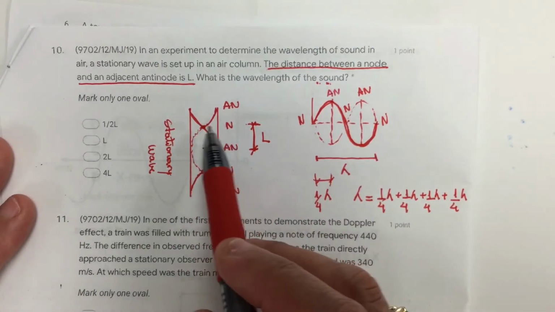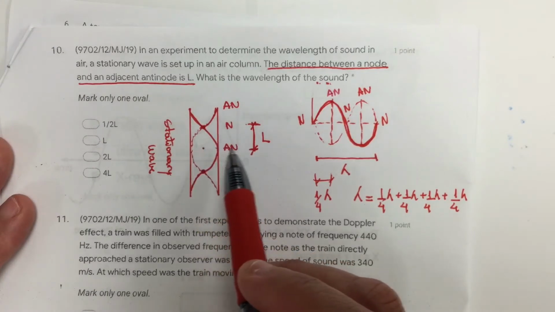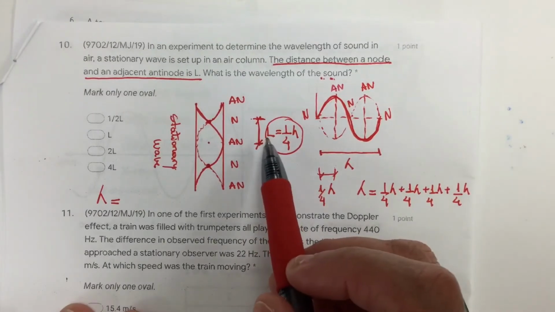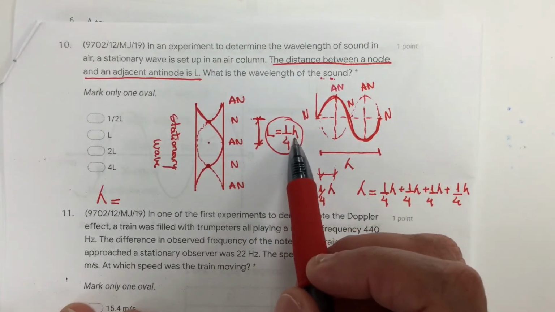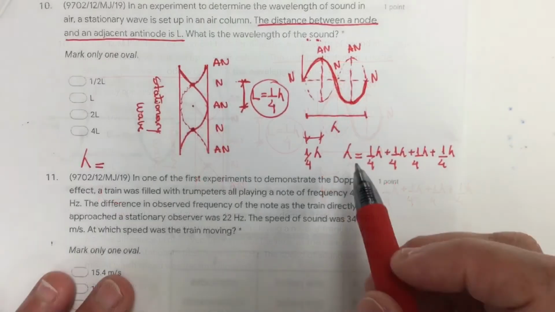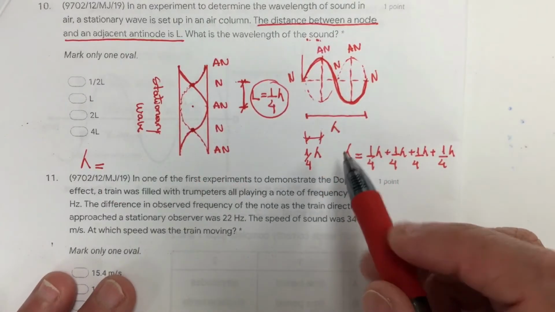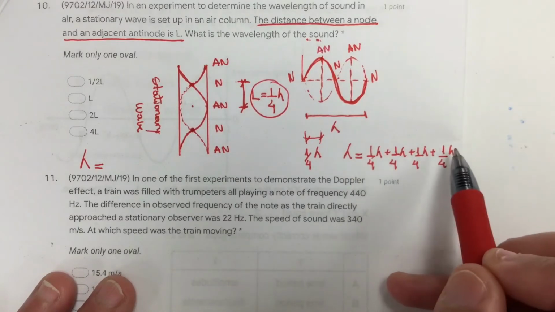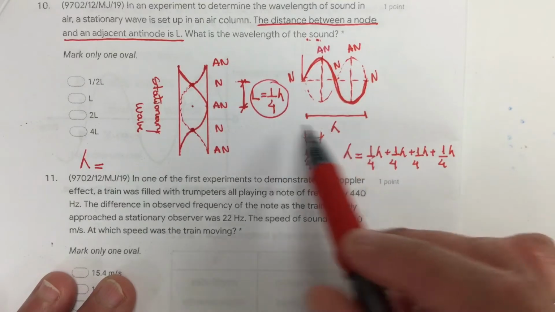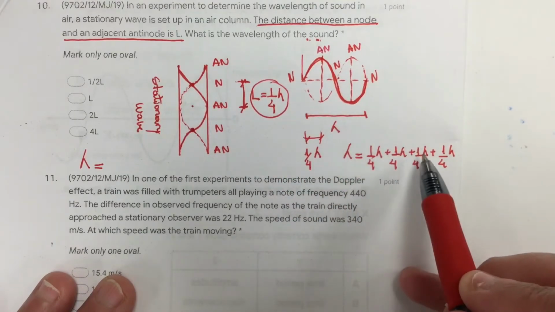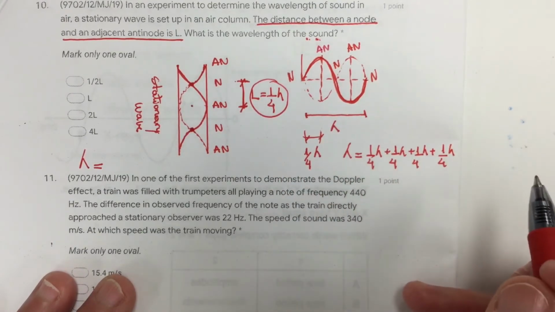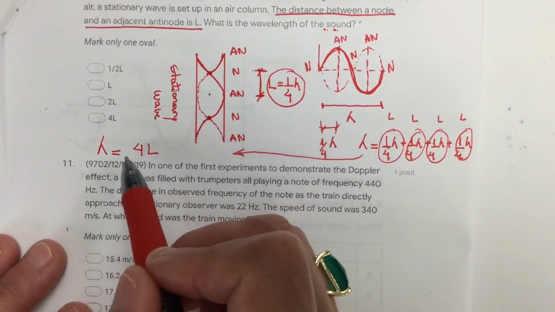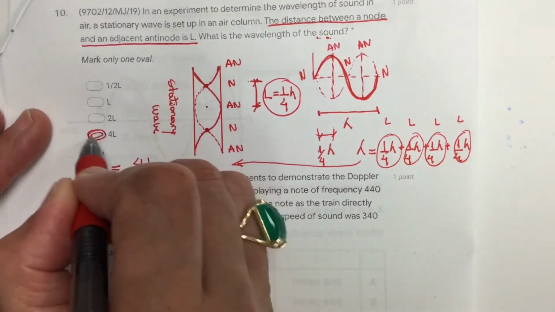Likewise here. So this L is equal to 1/4 of the wavelength. To figure out the length of a wavelength, we have to add 1/4 four times. So L plus L plus L plus L gives us 4L, and this is the correct answer.